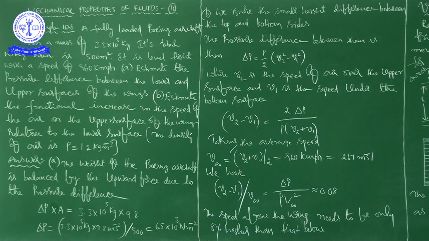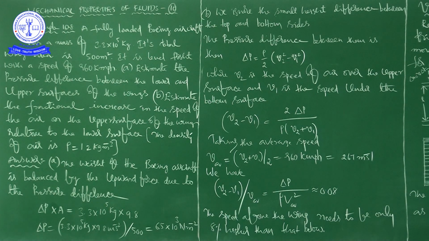Average speed means V average is equal to (V2 + V1)/2. That is equal to 960 kilometers per hour, which he has already given. If you convert this kilometers per hour into meters per second, that is 267 meters per second. V average is equal to 267 meters per second.